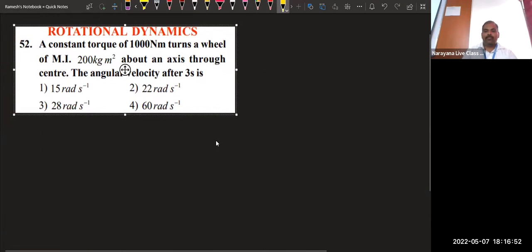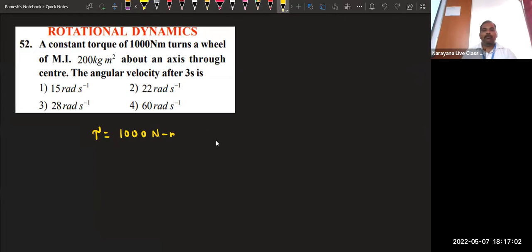Okay, so here what is the situation? A constant torque. Constant torque, how many newton meters? 1000 newton meters.